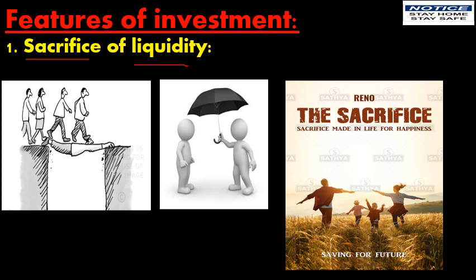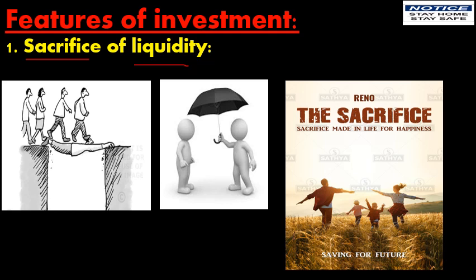That is the purpose of why you save 25% of your earnings or income. That is called a sacrifice of liquidity. It may be sacrificing for the benefit of family members, or to enjoy yourself. That depends on the particular investor.